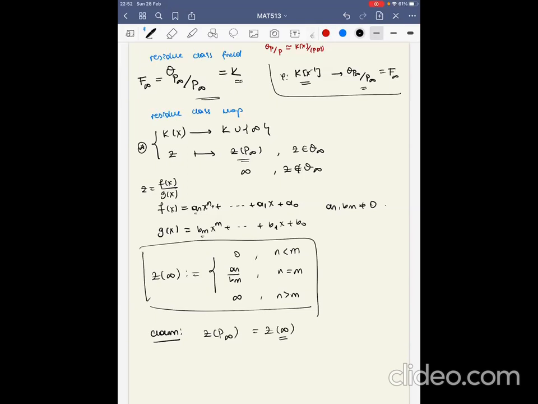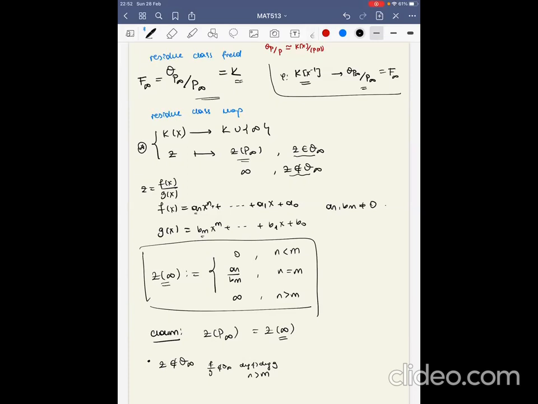To see this equality, let me consider the two cases. If z is not in O infinity, by the definition of O infinity, it means that f over g is not in O infinity, so degree f is strictly bigger than degree of g. That means n is bigger than m.